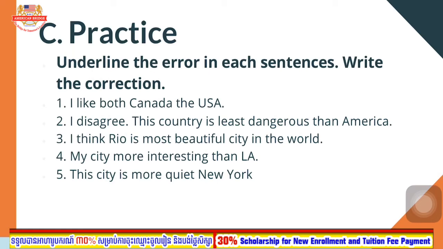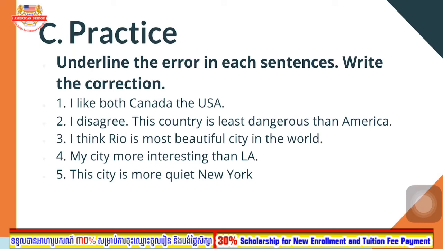Number 4, my city more interesting than LA. So number 4 should be what, students? Okay, so the problem is that more. So can you see that this is missing something, students? So my city is okay, it's the subject, and more interesting than LA.